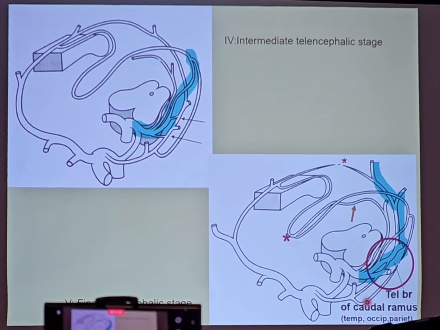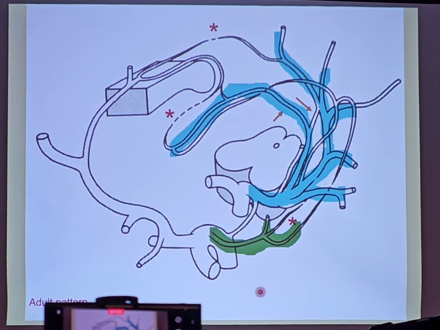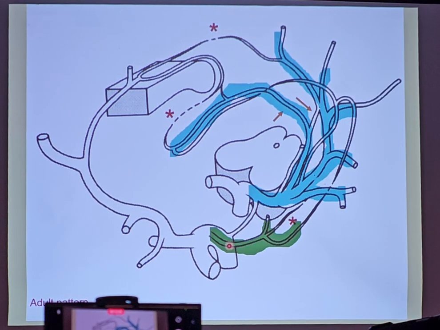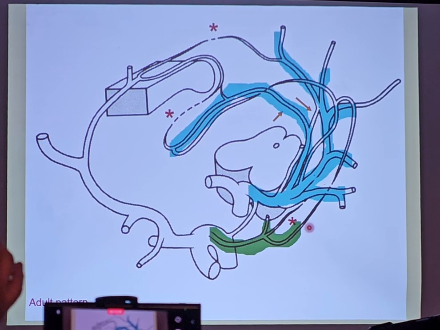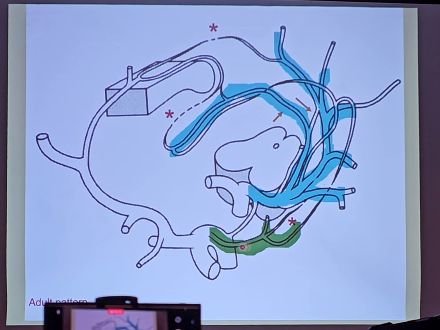anterochoroidal arterial system. So at the end of the evolution, in the adult pattern, you can see that the anterochoroidal artery has regressed. It doesn't mean it's a small vessel or not important; you will see from Alan Taylor and from Philippe that it's a very important vessel, especially proximally.